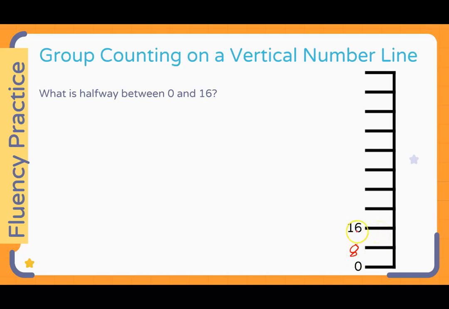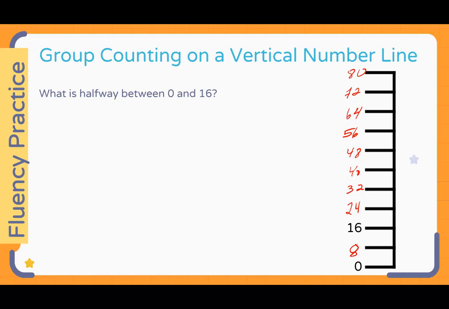So it's 8, 16, 24, 32, 40, 48, 56, 64, 72, 80. We're just counting by 8s. They didn't give us the first number.